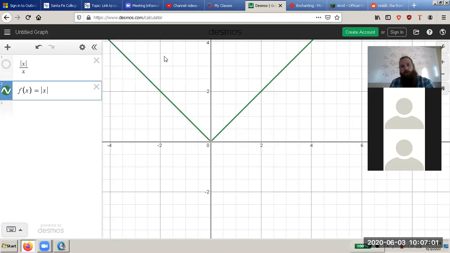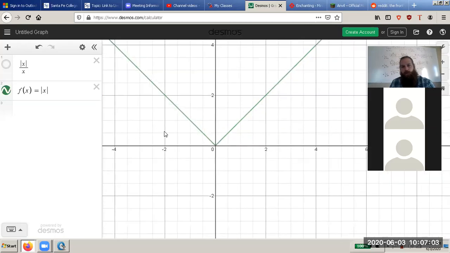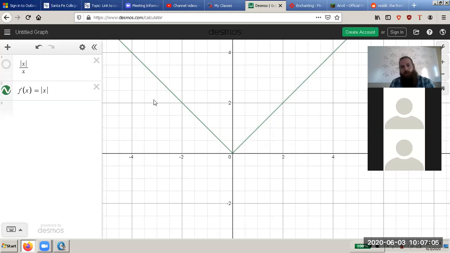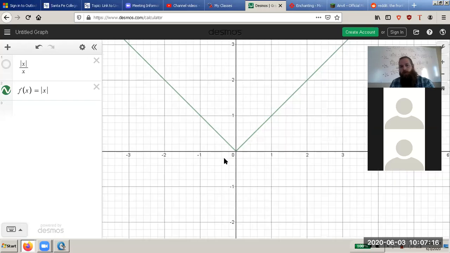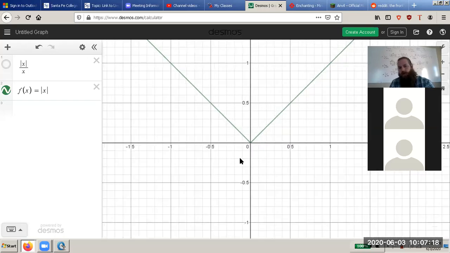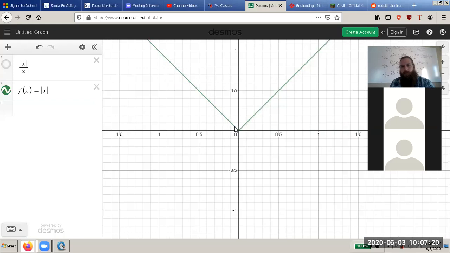This is a continuous function everywhere in its domain, and its domain is all real numbers. But down here at 0, we have this sharp point, this hard corner. Even though we're continuous there, we're not differentiable there.